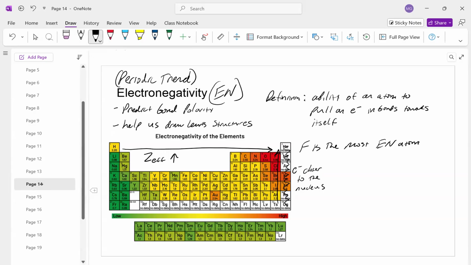Now, one other important trend that I want to highlight, and we've discussed this before, is let's look at a few atoms. Let's compare fluorine is the most electronegative, then oxygen, and then chlorine, and bromine, and so on. I'm sorry, nitrogen. And I highlight this because it's important to know that going up or down a column causes a bigger effect in electronegativity than going left to right.